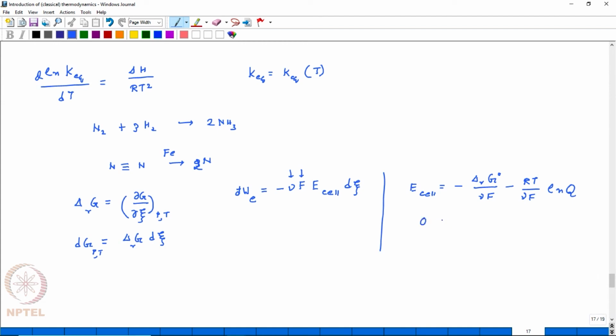So then I will have minus Δ_rG° over nu F minus RT divided by nu F ln Q at equilibrium.